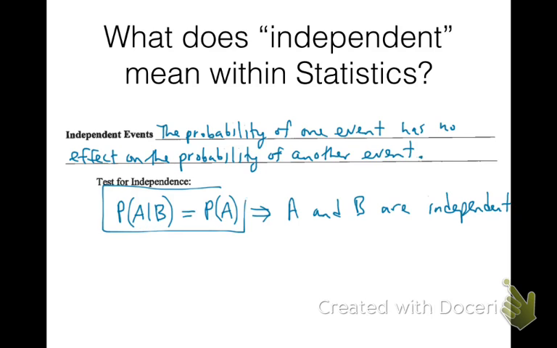Okay, so that's the test for independence. Now, recall from last lesson that the probability of A given B, there's a formula for that. So essentially what you're doing is the probability of their intersection divided by the probability of B has to equal the probability of A in order for those events to be independent.